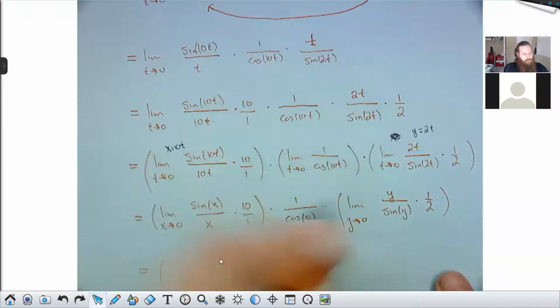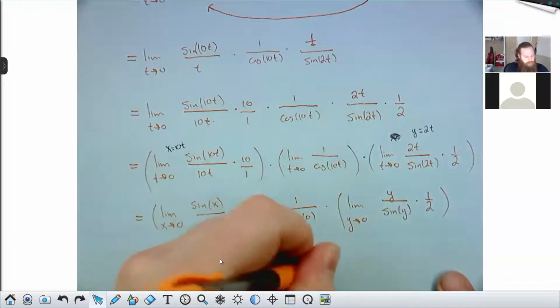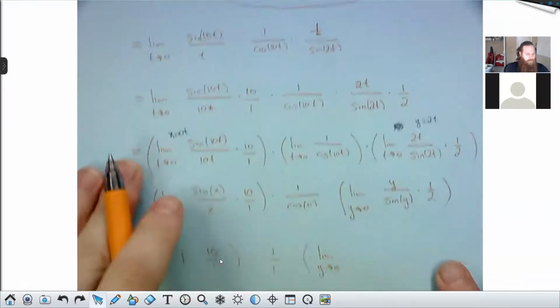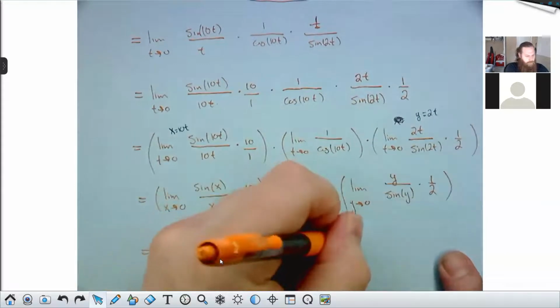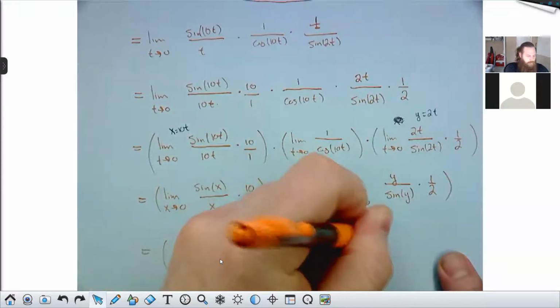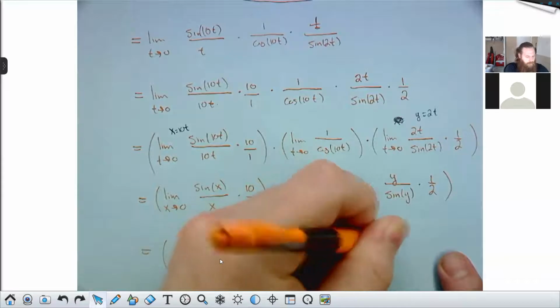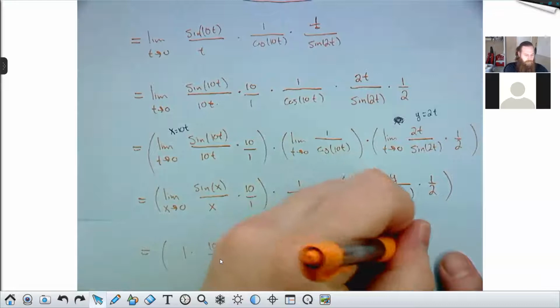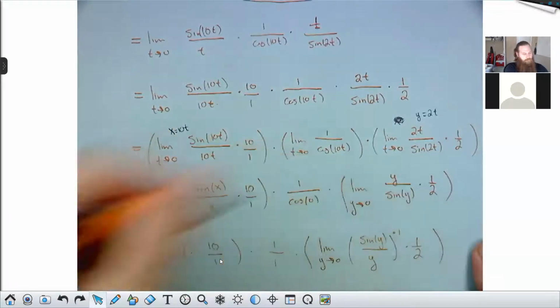And then over here, this piece is a little bit interesting. This is limit y to 0. I see y over sine y. So what I can do is actually flip this over. I can call it sine y over y to the negative first, kind of a sneaky trick, times 1/2.